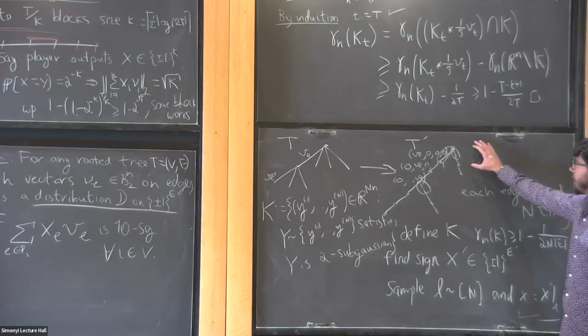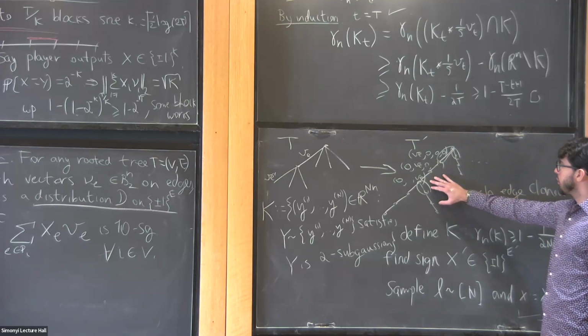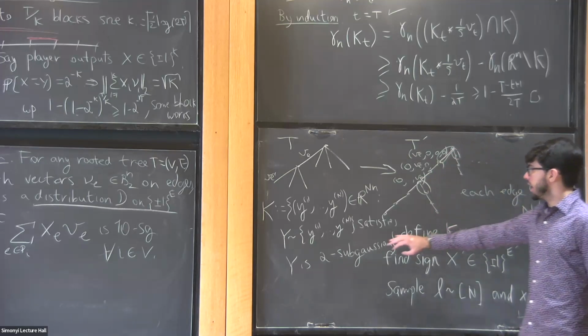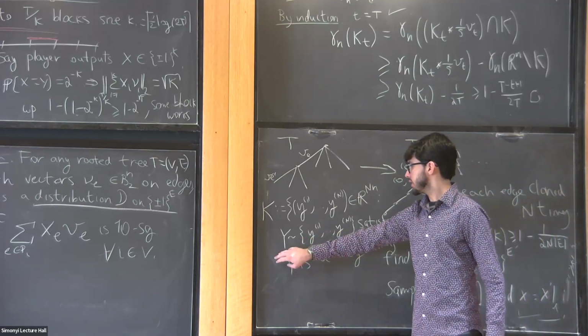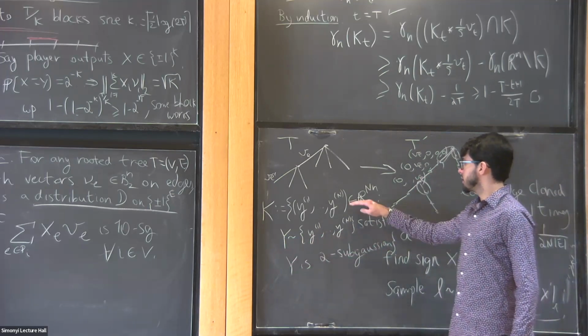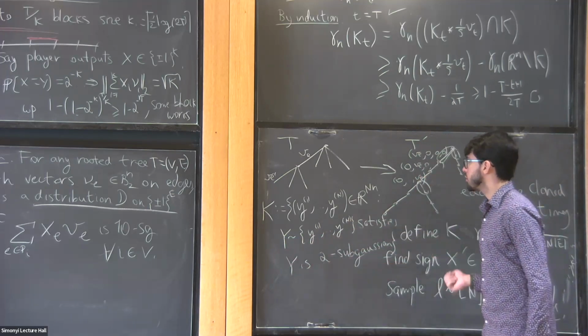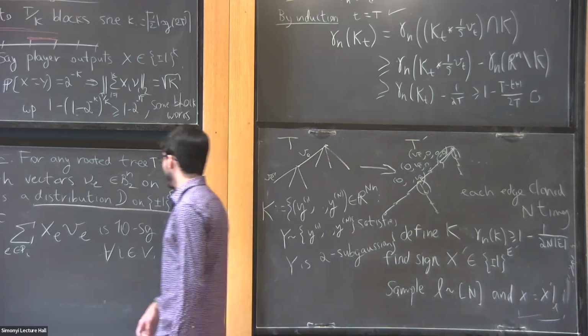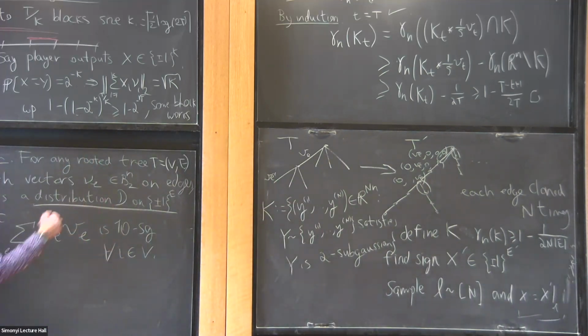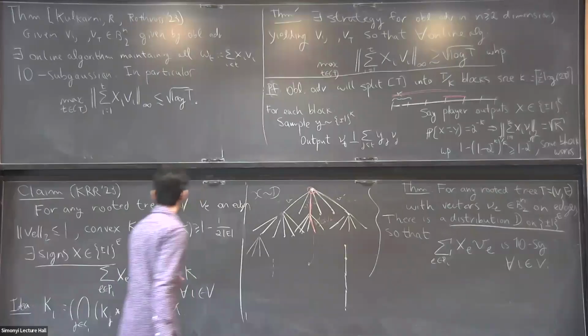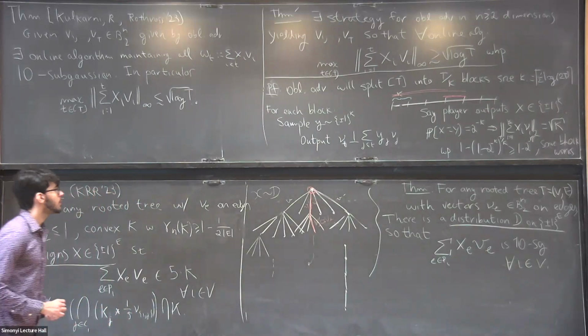So the point here is I have this larger tree, I sample one of these clones, and what I want to do is I want to guarantee that by doing this, the resulting random variable is, well, Q sub Gaussian. There's a 10 here because there's a factor of 2 and a factor of 5 from this here.